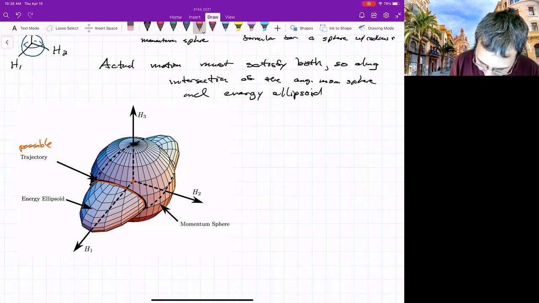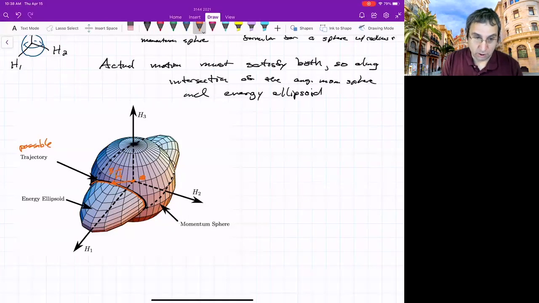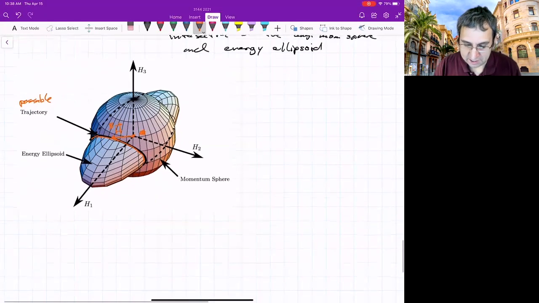So think of the vector going from there to here. That's the angular momentum in the body fixed frame. That's hard to see. And so it would be moving along there, or there's an intersection on the other side. So that's the other possible trajectory. We've already said that I1 is the major axis, I3 is the minimum axis. So we could look at some different cases now.